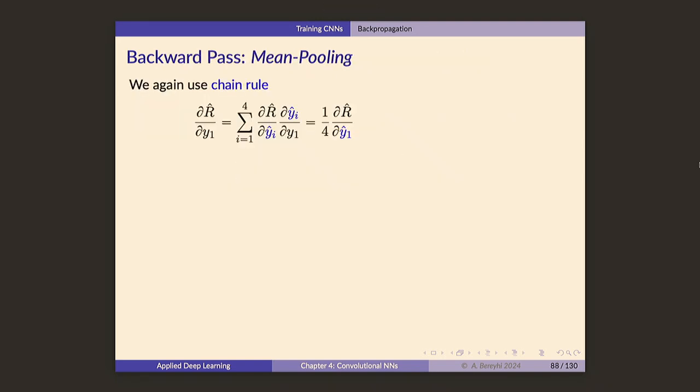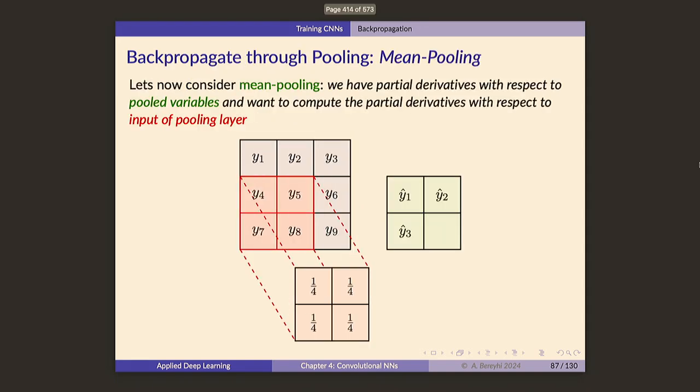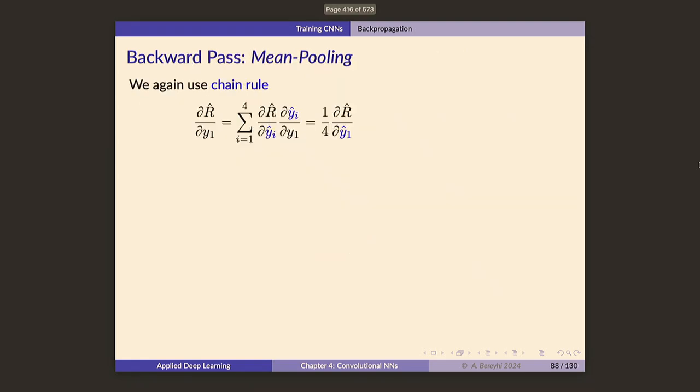But of course, if I am only looking at y1, the obvious thing is that y1 is only going to show up in y hat 1, correct? For y hat 2, y hat 3, y hat 4, y1 is not included. So when you compute this gradient, you're going to have only one term.